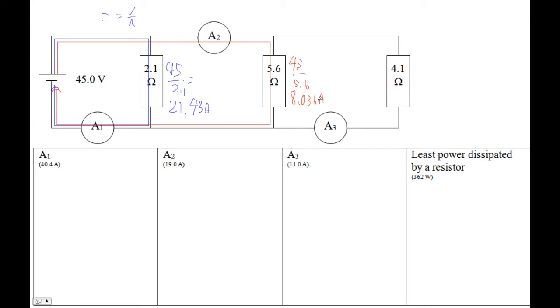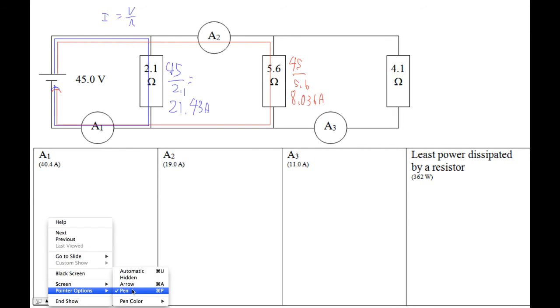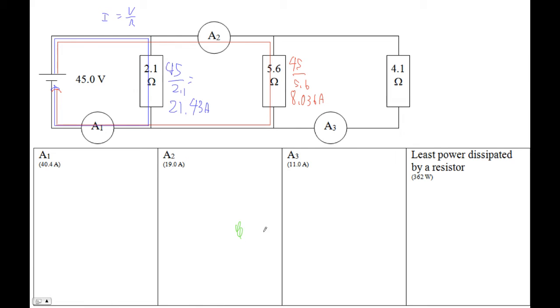Okay. And then finally, our last current is this last branch, right? Let's try green. Okay, so that one goes like an Etch-a-Sketch.